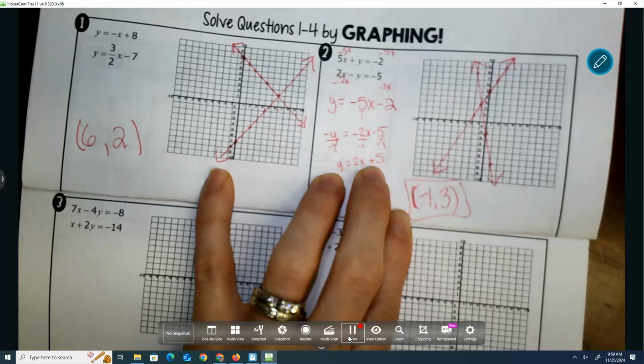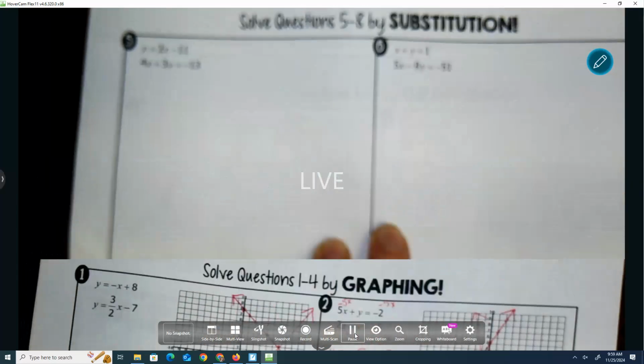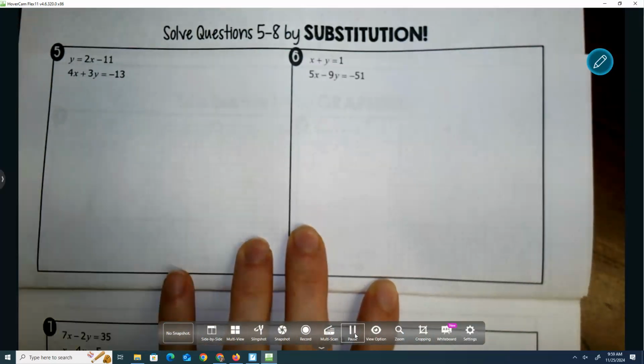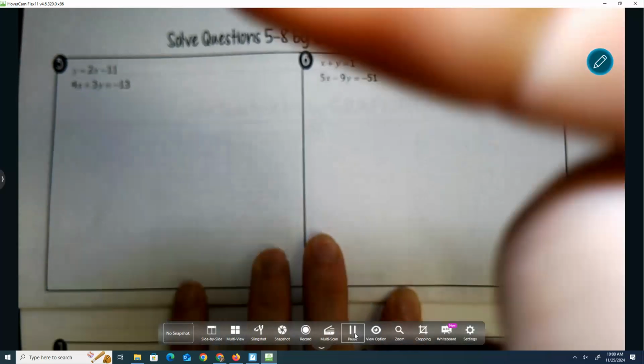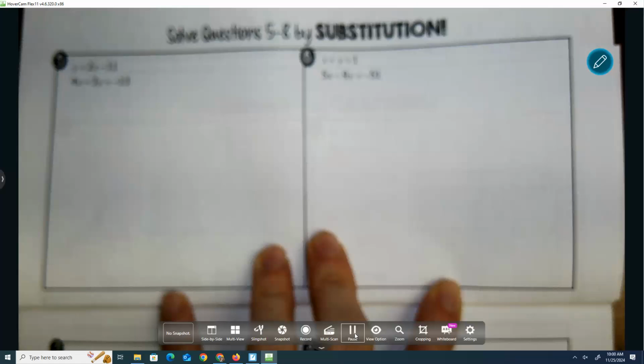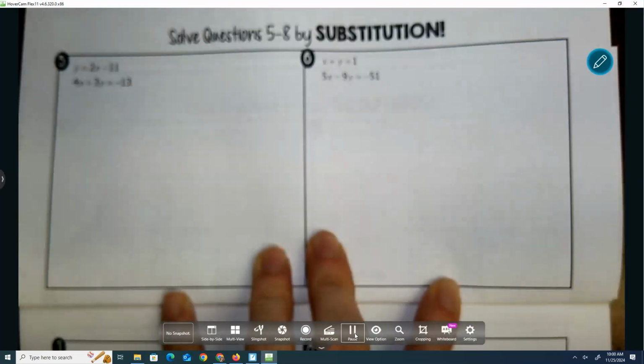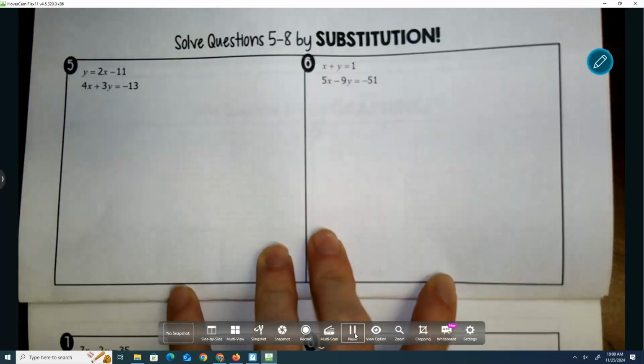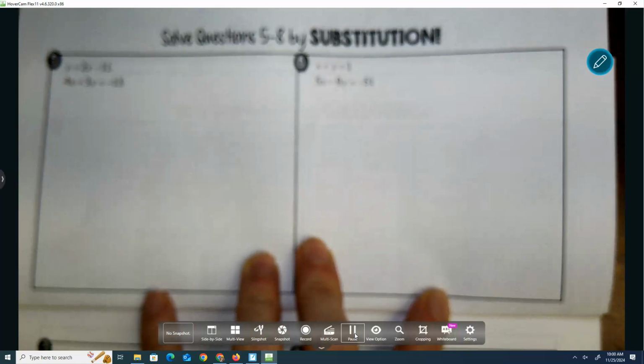But first, I want to jump down to substitution. I want to look at question 6 together. I'm going to be giving you guys a problem to do shortly. What I'm going to do today is we are doing our homework as class goes. I'm going to give you a problem, walk around and check it. And we'll do that rather than giving you homework at the end of class.